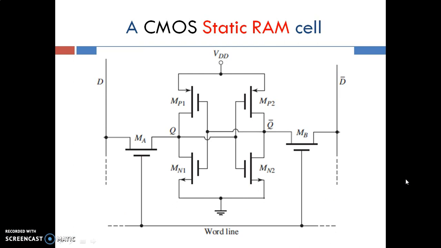So this is the circuit connection for the CMOS RAM cell with 6 transistors. When we enable the word line, we can write the data inside the memory cells. An important part while designing the layout for the static RAM cell is the interconnection.